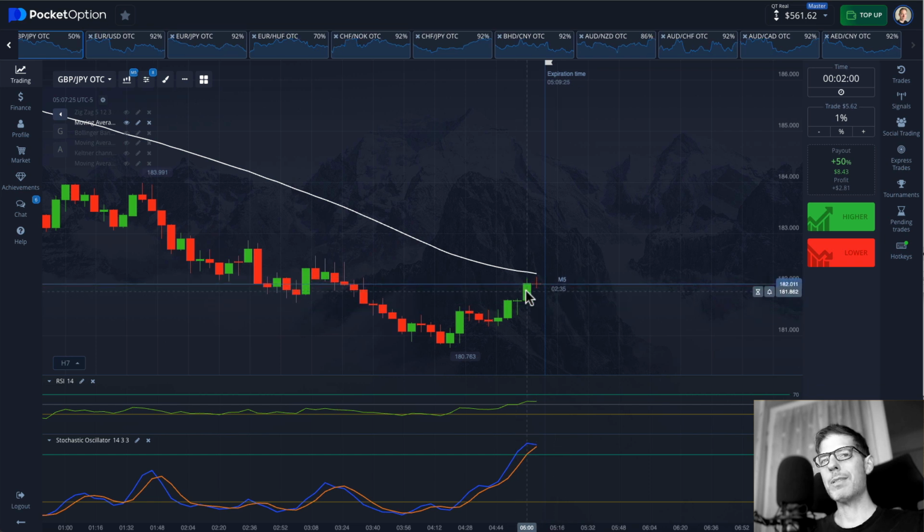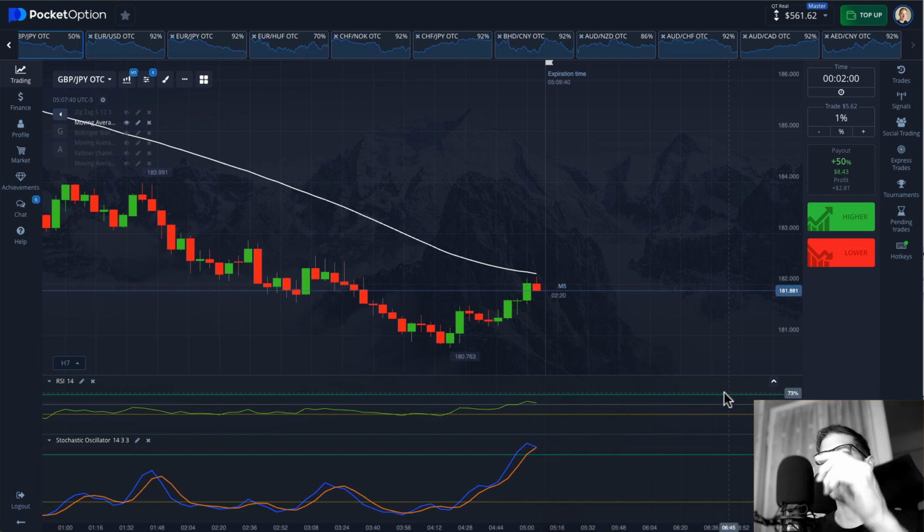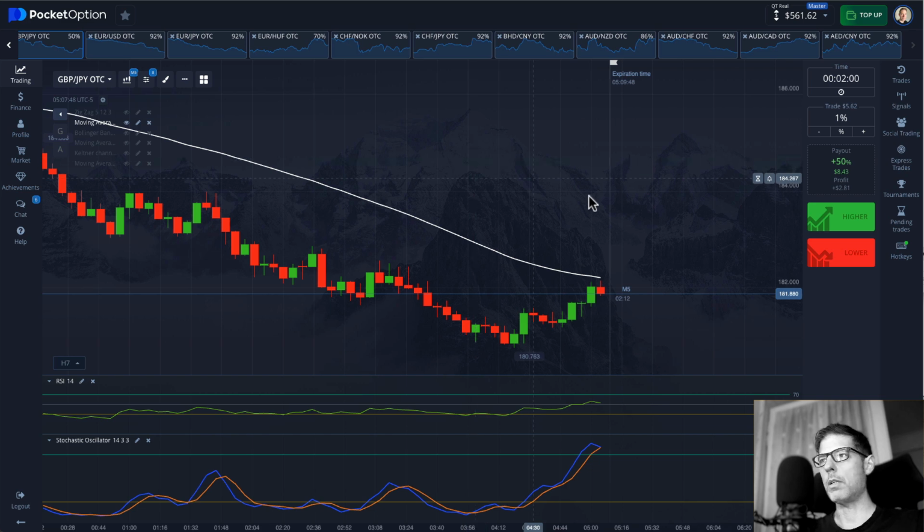So I will be selling the market after a pullback. And because this blue line is away from this orange line, however, it's looking like it's going to cross that orange line very soon. So I'm probably going to go ahead and stay out because I may have just missed that move, and that's fine. We can just move on to the next asset. So let's go ahead and do that.